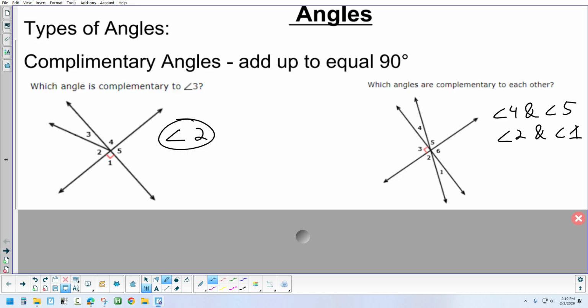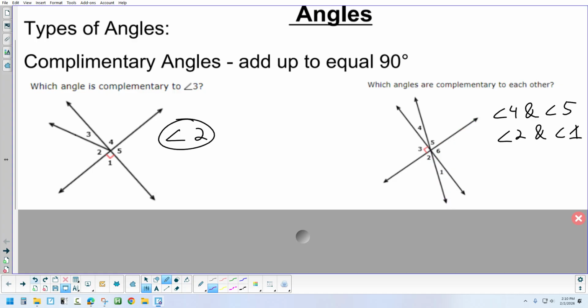Is there anything else? 3 and 4, no. Anybody think they see anything else that would make an L shape? Maybe 6 and 1? Well, 6 and 1 would make a shape that looks more like this. Is that like an L? No, not quite. It's a little bit bigger. So I think that's it.